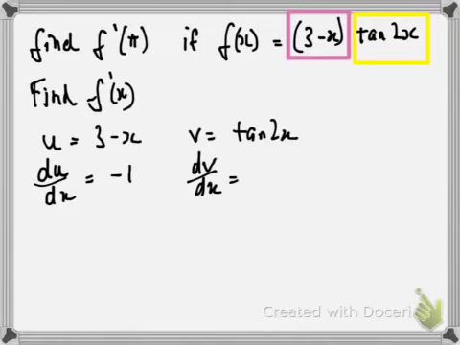I might use cosine here, so it's going to be 2 over cosine squared 2x. Alright, so there we've got our derivatives ready to go.